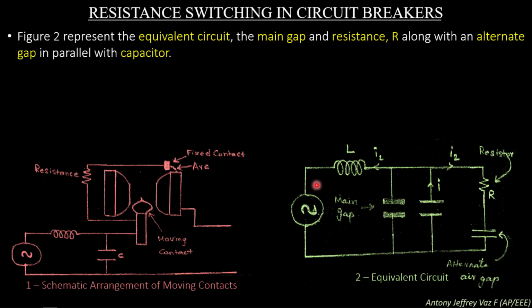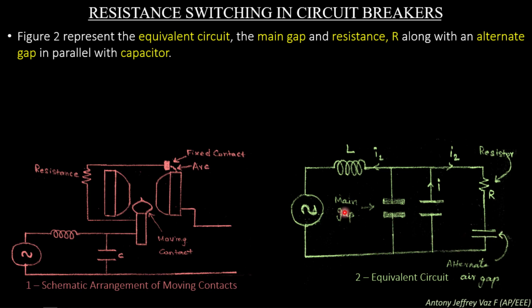You can see the capacitance C and the inductance L of the complete system lumped together in the circuit, L as inductance and C as capacitance, and we have two gaps. One is the main gap and the other is the alternate gap.